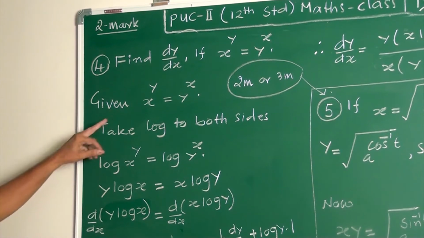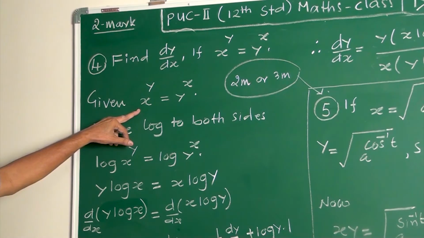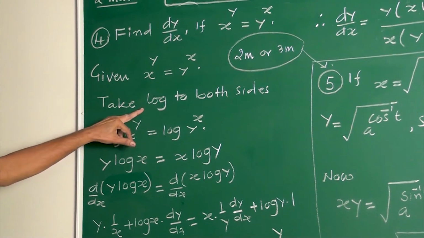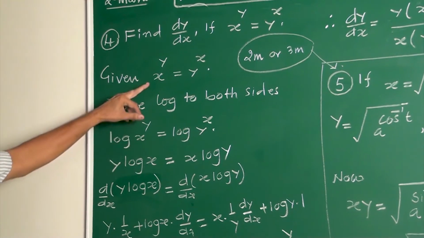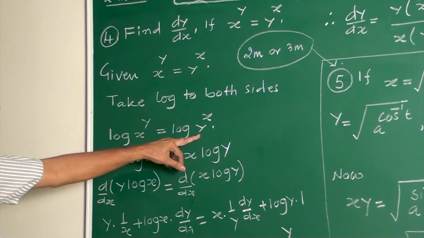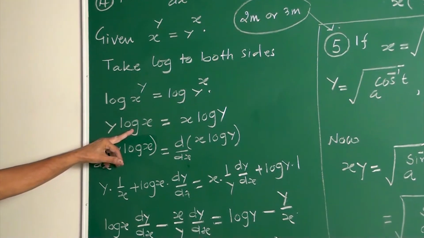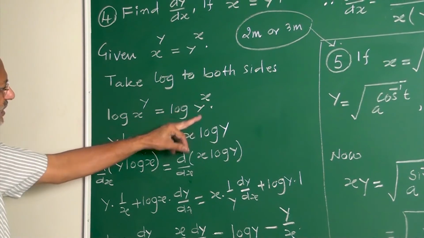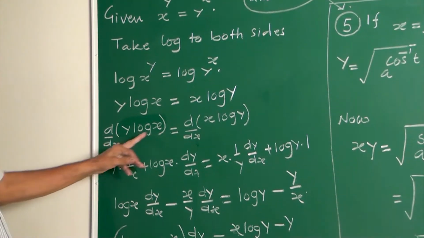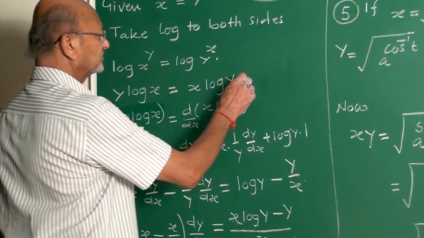Good example. Given x to the power y equals y to the power x. Take log on both sides: log of LHS equals log of RHS. Power into log of the base equals power into log of the base. Differentiate both sides with respect to x.